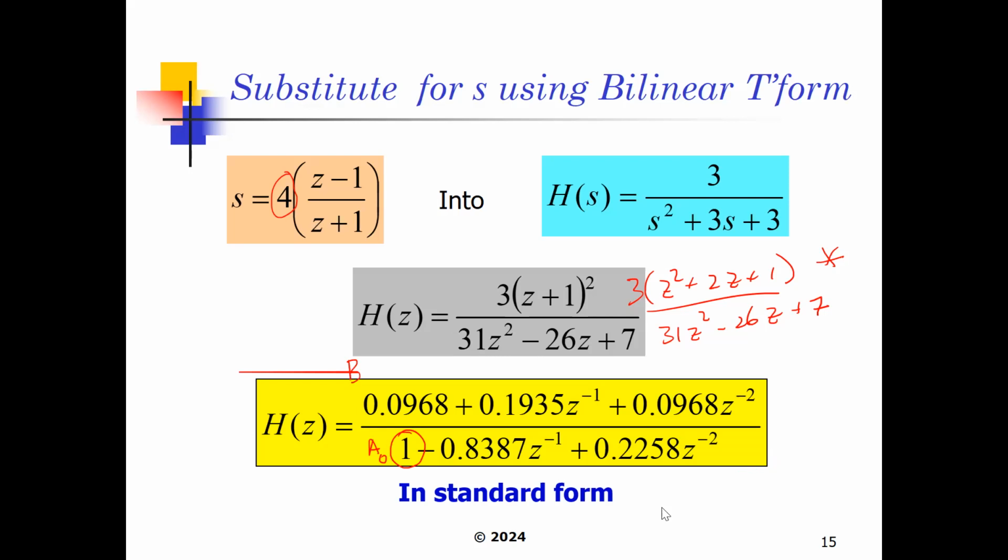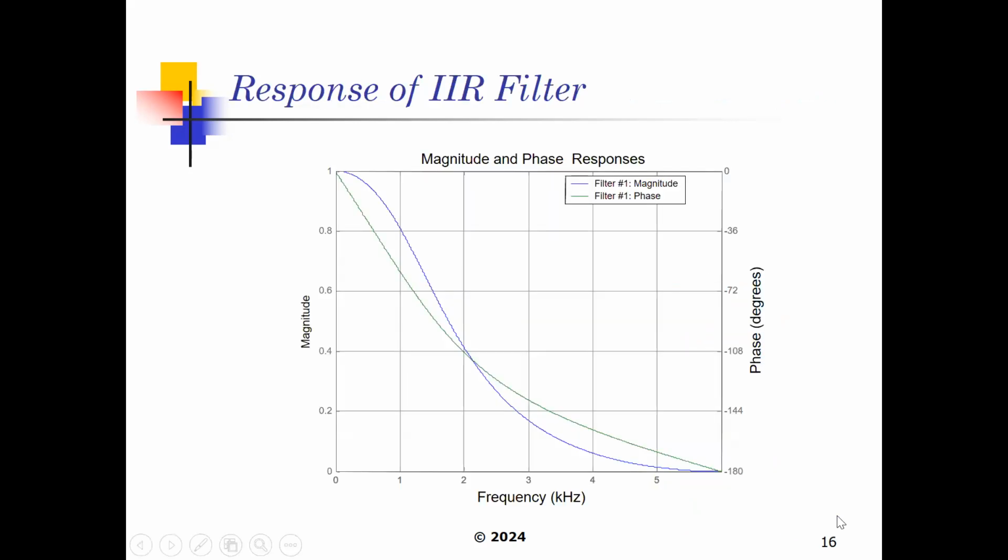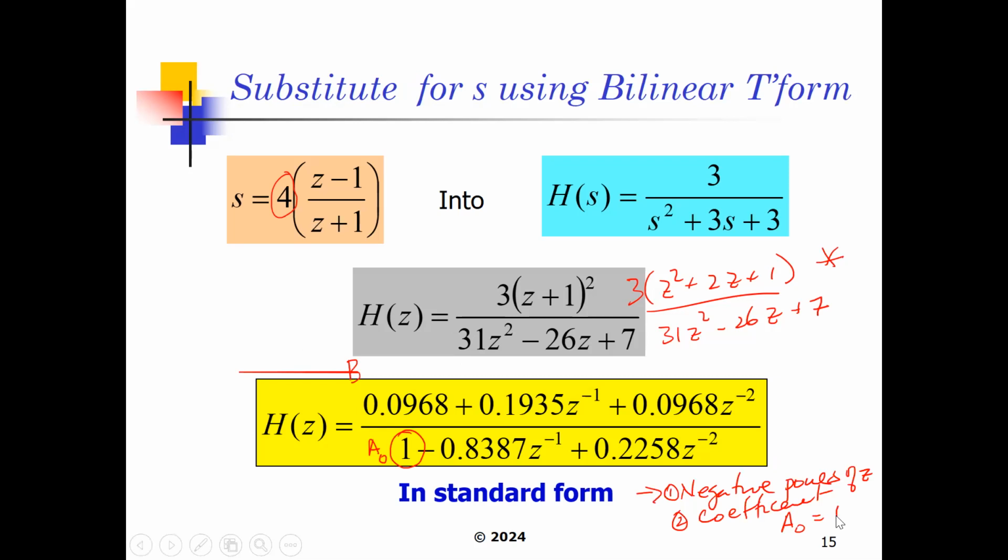Standard form means negative powers Z to the minus 1 and 2, with coefficient A0 equal to 1, right? So you do that, you get it in standard form.